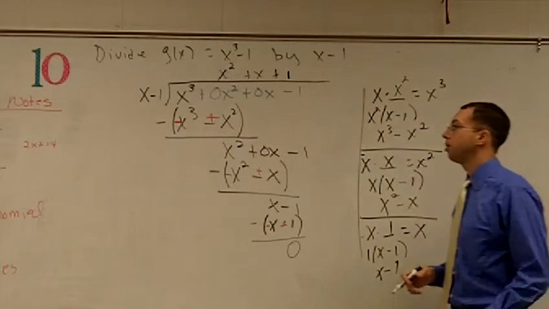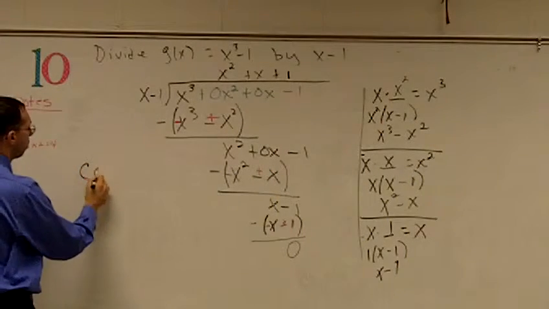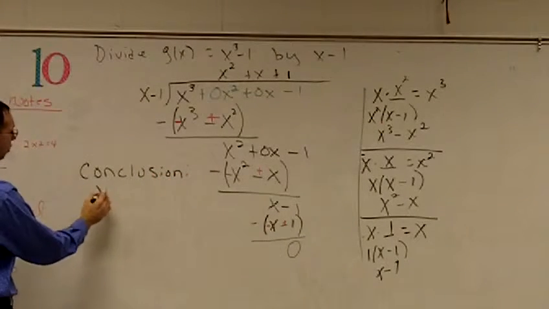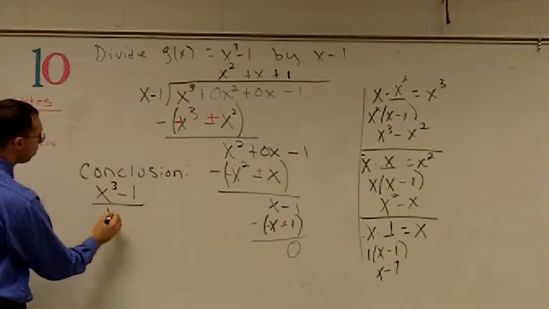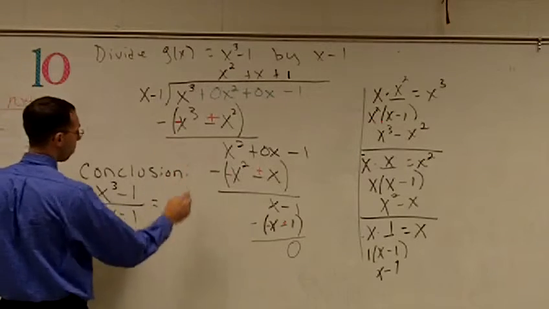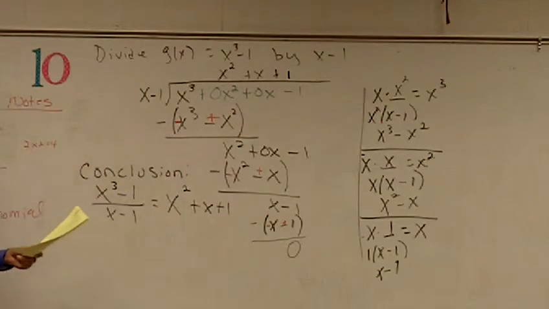Okay, now you may also see the conclusion for this thing written up as follows. Conclusion. Okay, x cubed minus 1 over x minus 1, your quotient, is equal to x squared plus x plus 1.